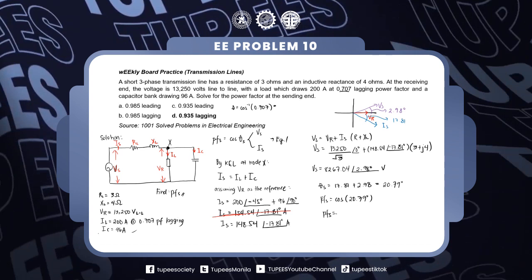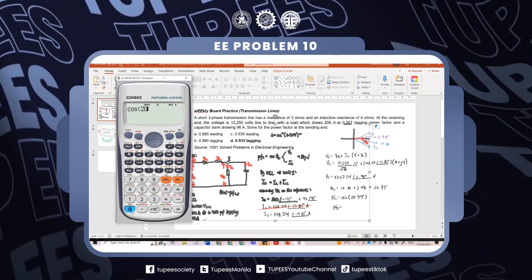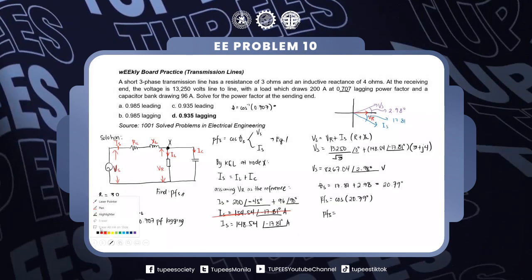So the power factor at the sending end is cosine of 20.79 degrees, which is 0.935. In our diagram, you can see that IS is lagging compared to VS. Since the current is lagging, the power factor is lagging. So the answer we got is 0.935 lagging.